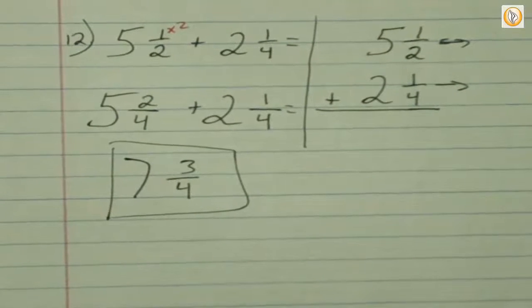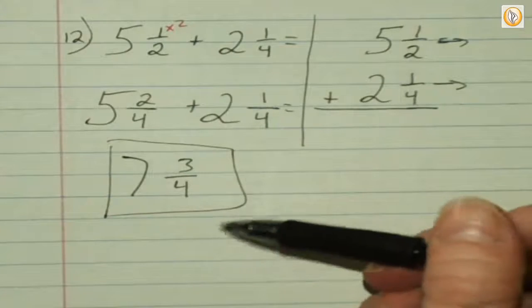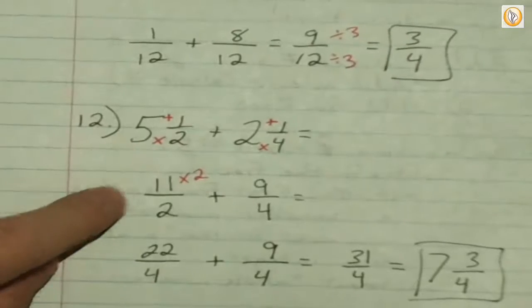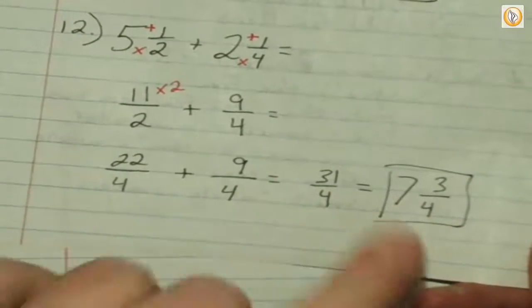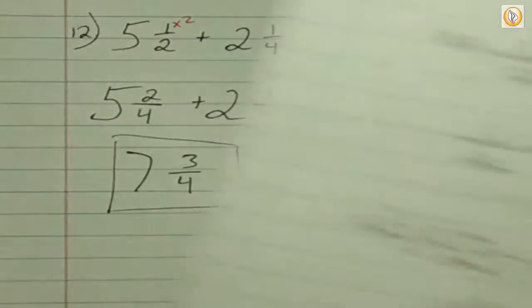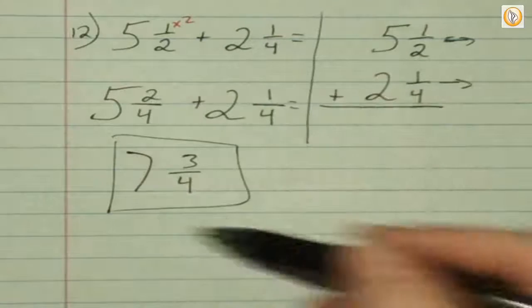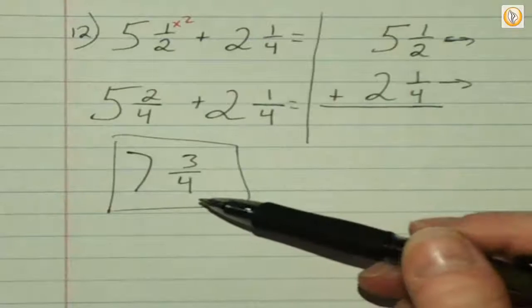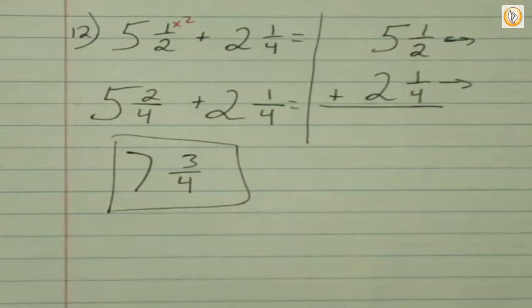So even though this is fewer steps, here you had to go from mixed number to improper fraction and then to mixed number. That's a lot of work. But for some people, believe it or not, this is less stressful than this. I mean, this is less work, you know? So some people are like, well, there's way fewer moves here. It's a personal preference. Which one do you like better now?